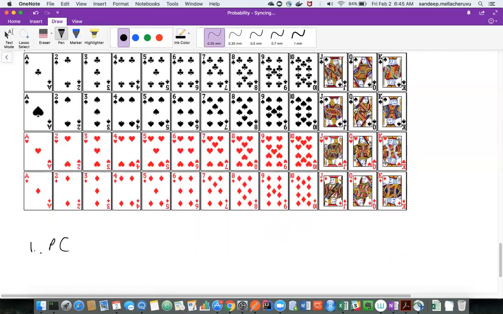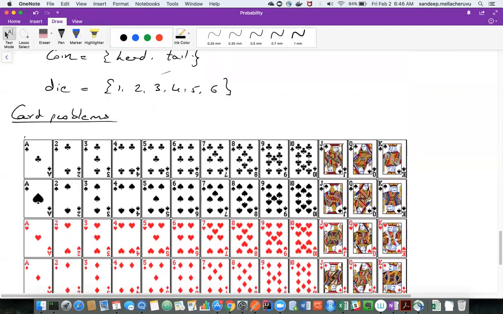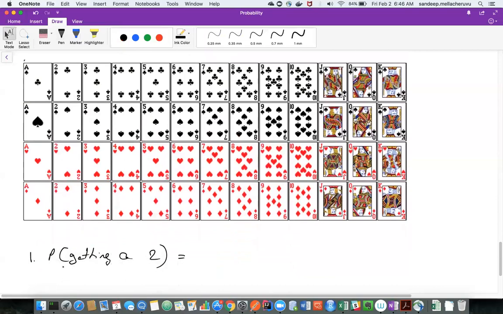So the first thing is the probability of getting a 2. How much is the probability of getting a 2 from a deck of cards? Actually, I should write from a deck of cards, but it is implicit because we are in the cards problem section. So that's why I'm not writing it. It's redundant.